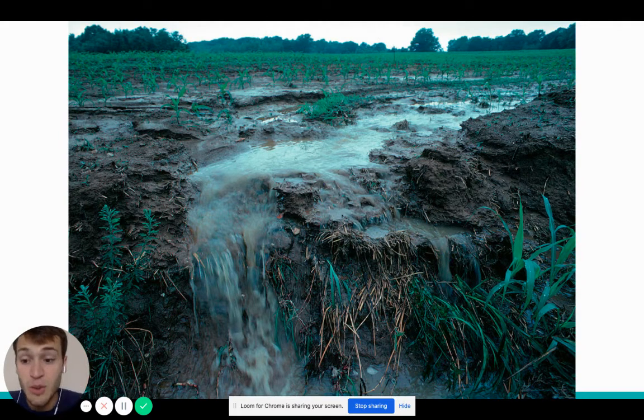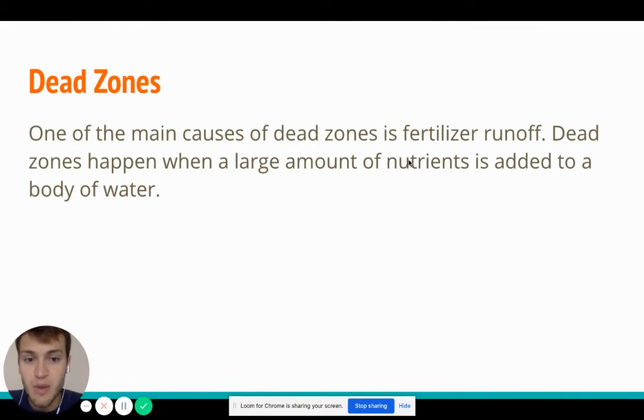Fertilizer and manure are sources of nitrogen, which is one of the nutrients that algae really love to eat. Plants and other producers can't make their own nitrogen, so they have to get it from somewhere else. So if there's a lot of nitrogen in the water, algae is going to bloom.